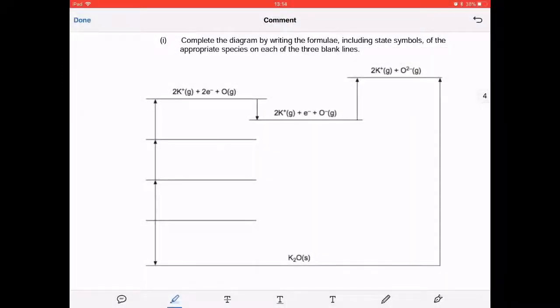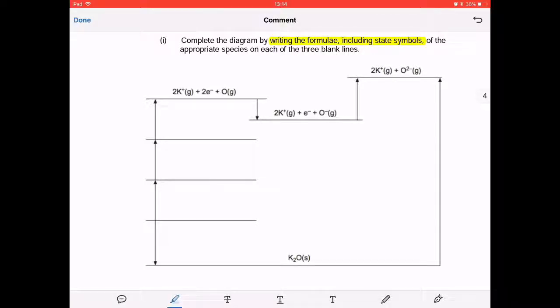Question 2 involves you filling in a Born-Haber cycle. The idea is that you've got to write the formula for each line, including state symbols. The state symbols seem to be a bit of a problem for some people, or potentially they write in the wrong thing. First, we have to look at the first arrow and at what reaction is taking place.